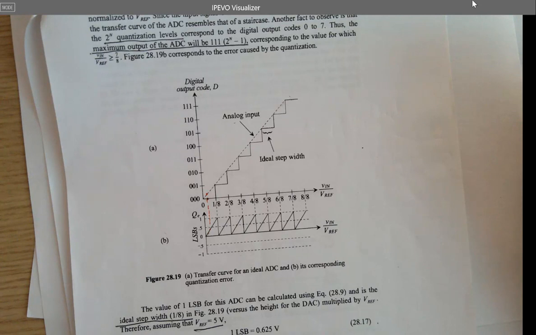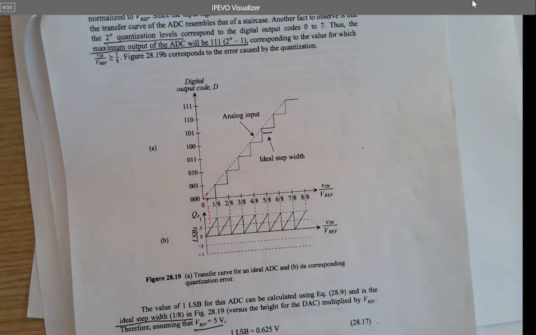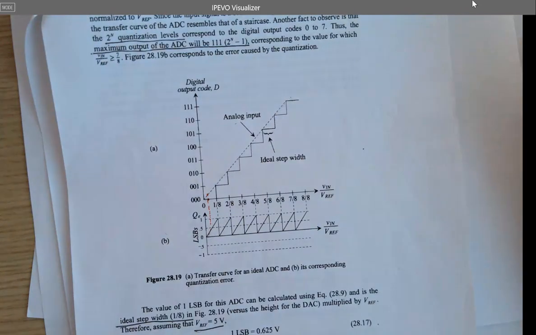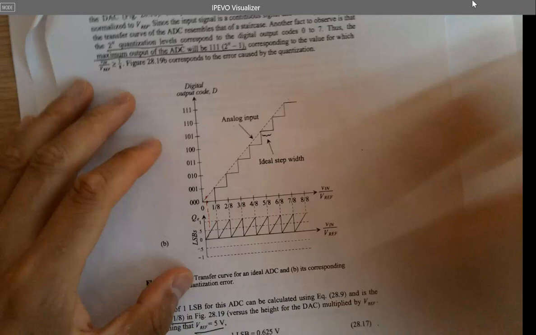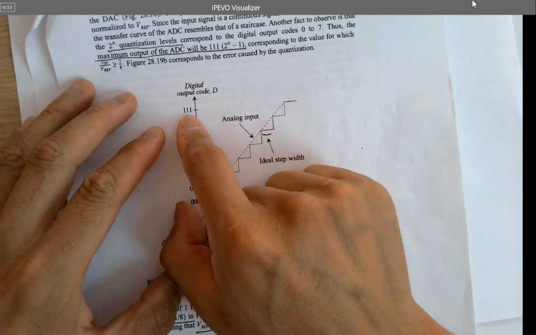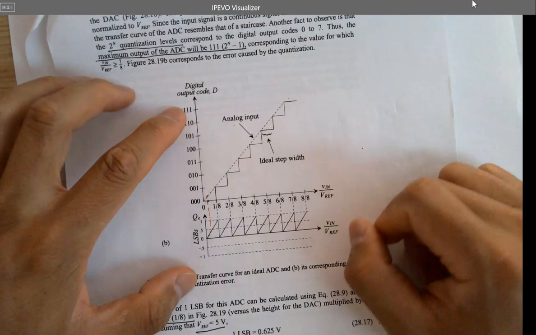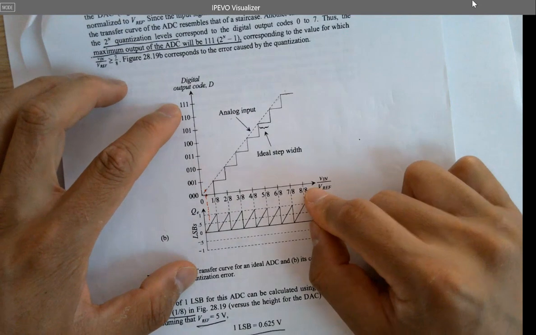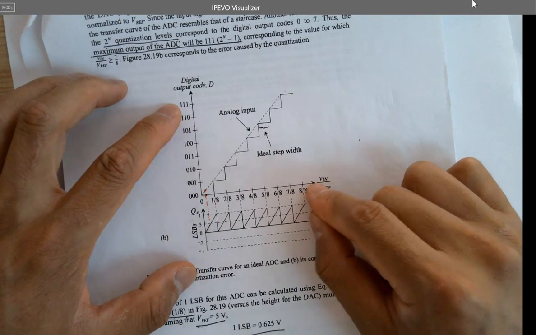This should be a 1 second answer. Remember when we talked about the resolution of the DACs last week, so the answer should be how many what? Bits, right? So how many bits are here in the ADC? Apparently it's 3. The output of the ADC is 3-bit, and 2 to the third power will be 8. So it's a 3-bit ADC.